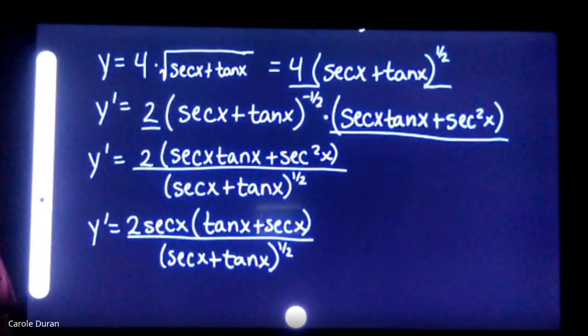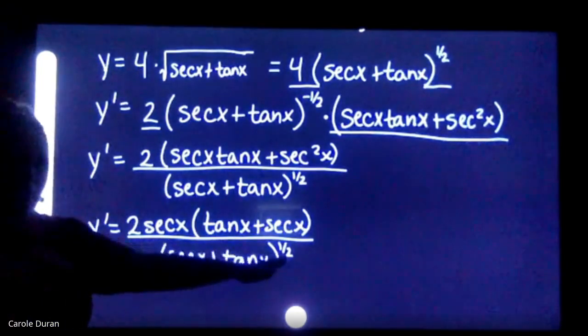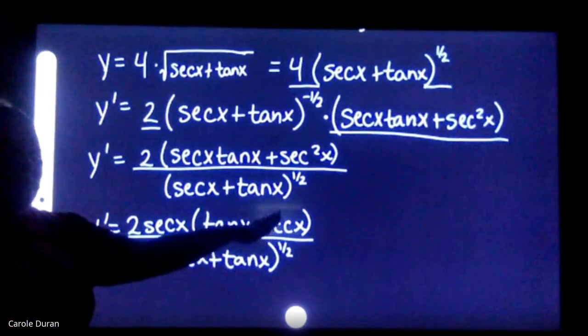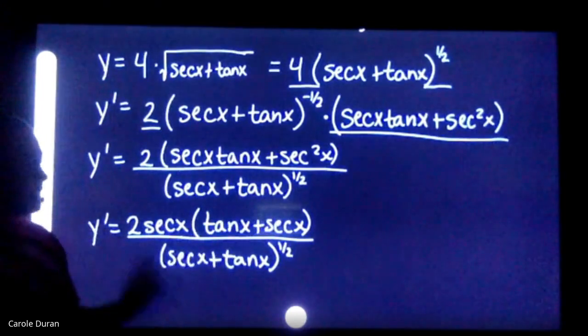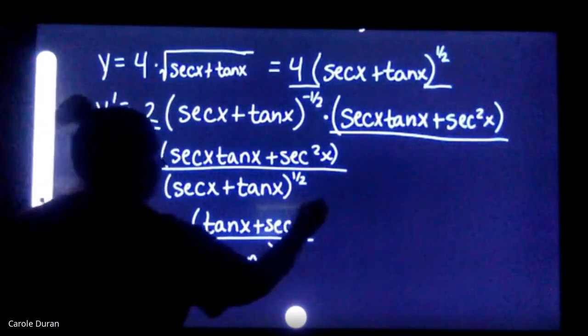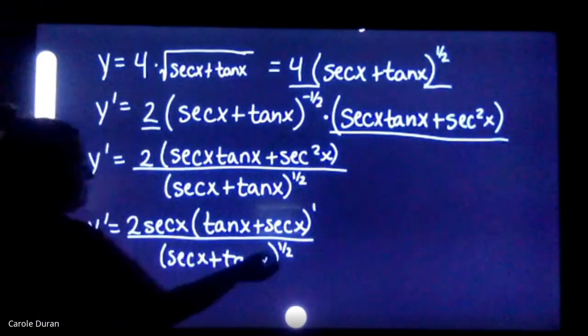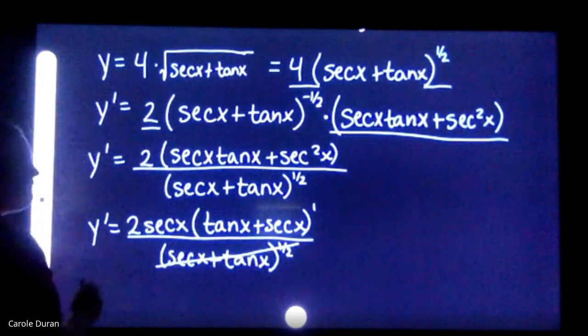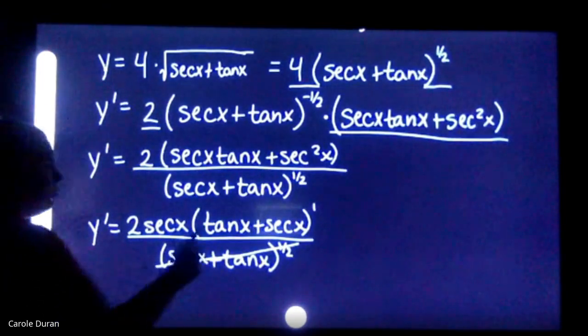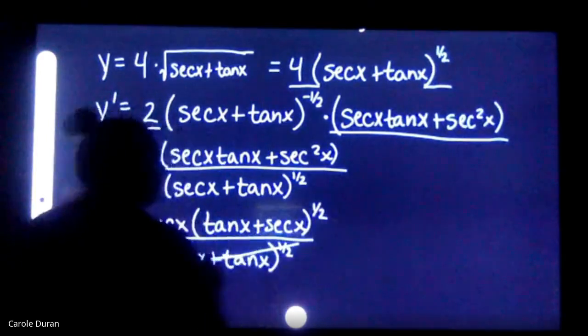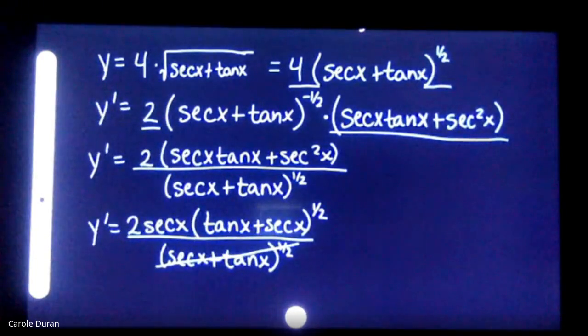But remember, this is to the 1/2 power, and this is to the 1 power. So as I'm canceling these out, I'm able to cancel out this entire 1/2, but 1 minus 1/2 still leaves 1/2 as an exponent in that numerator.